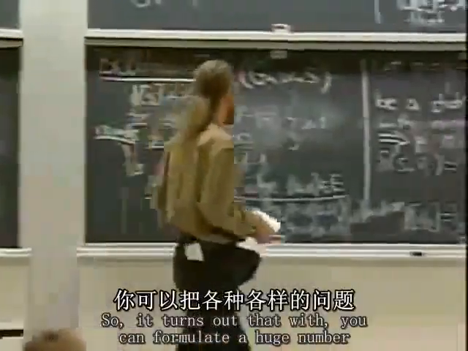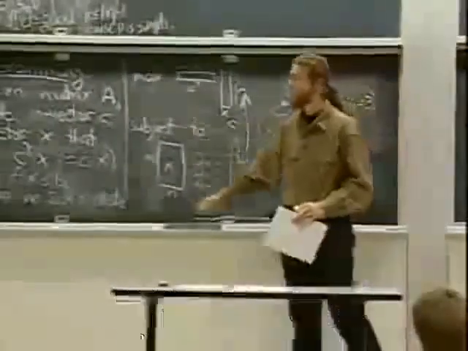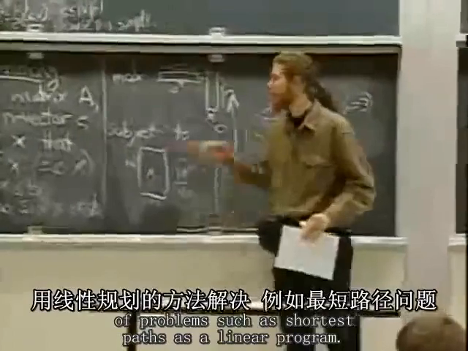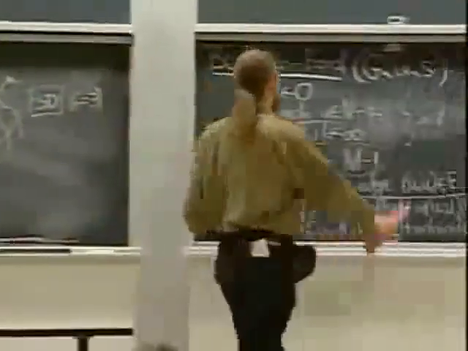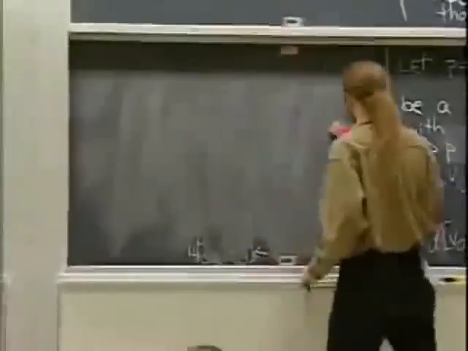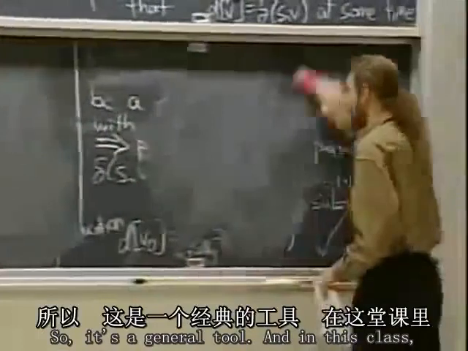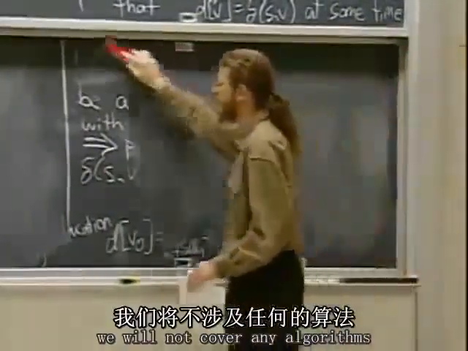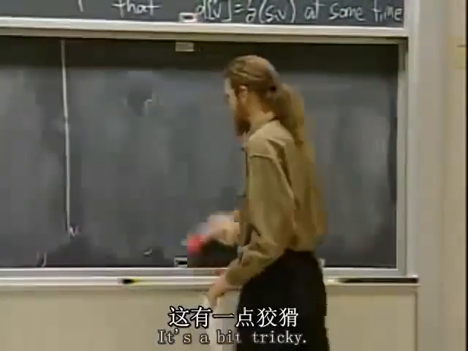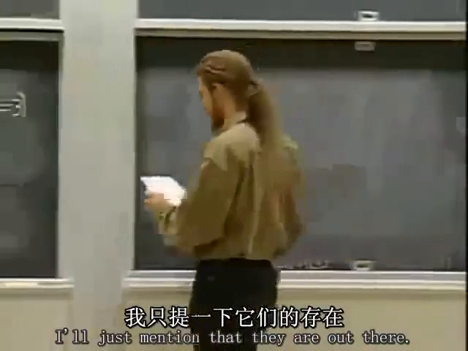So it turns out that you can formulate a huge number of problems, such as shortest paths, as a linear program. So it's a general tool. And in this class, we will not cover any algorithms for solving linear programming. It's a bit tricky. I'll just mention that they're out there.